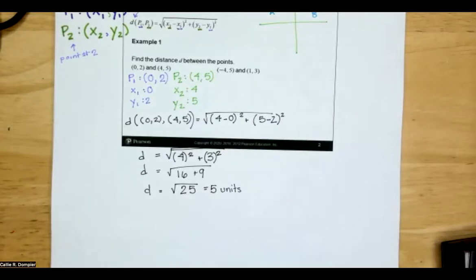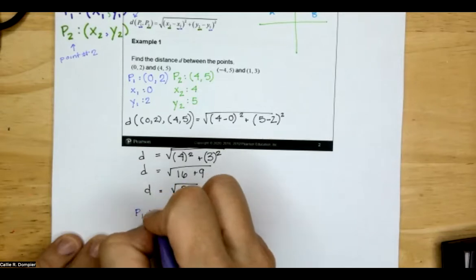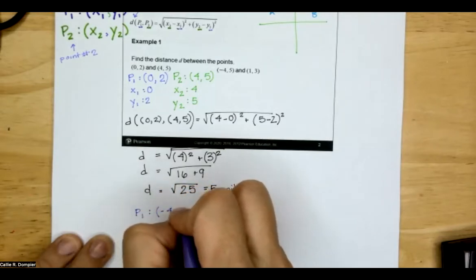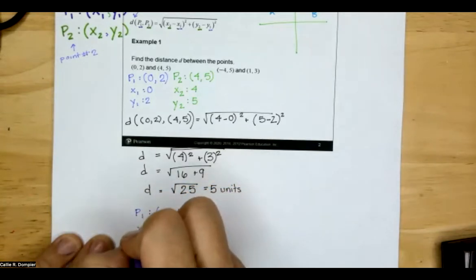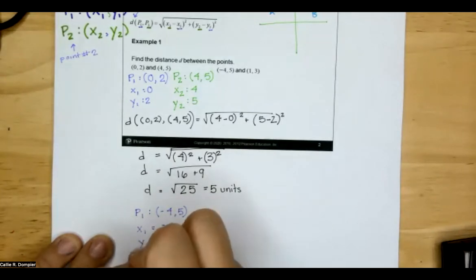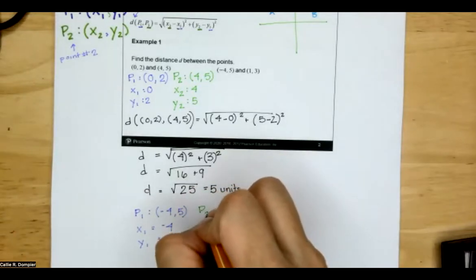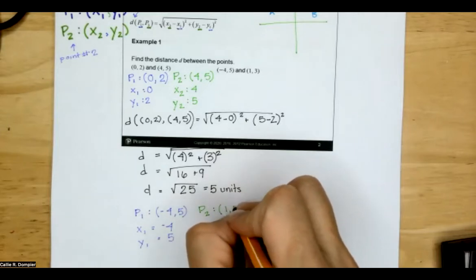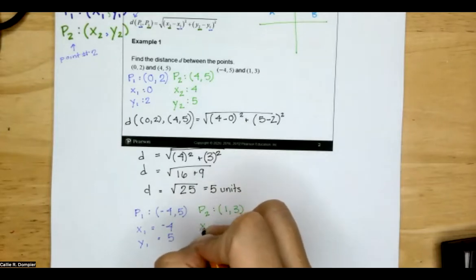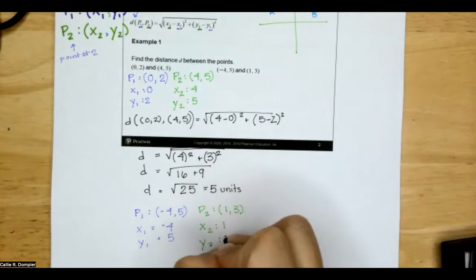Good. The next one is the same exact thing. I just decide what is P1. P1 is (-4, 5). X1 is negative 4, Y1 is 5. Point 2 is (1, 3). X2 is 1, Y2 is 3.